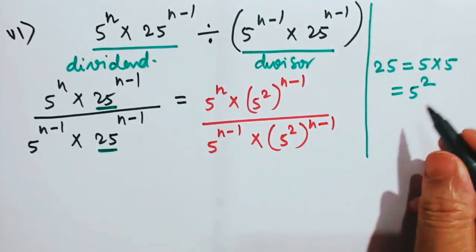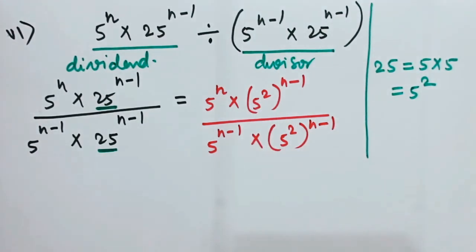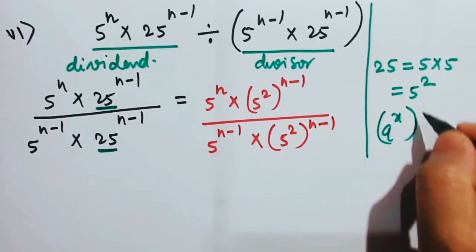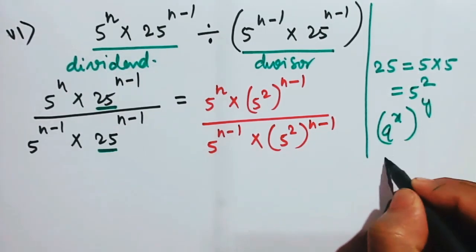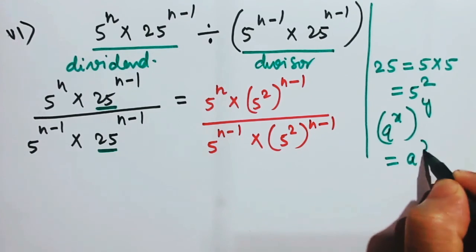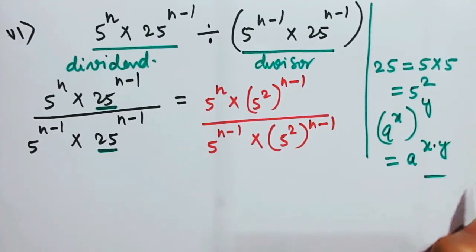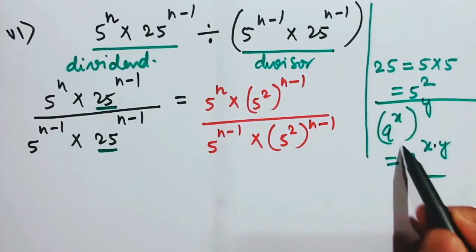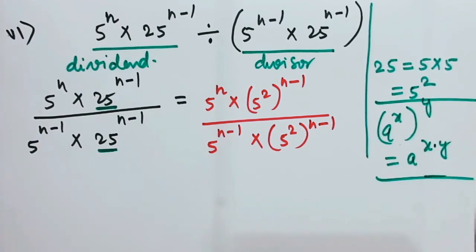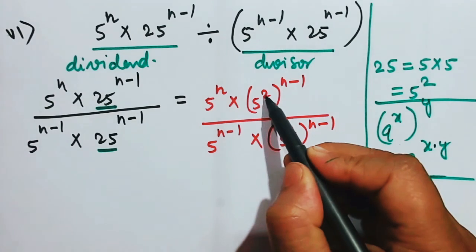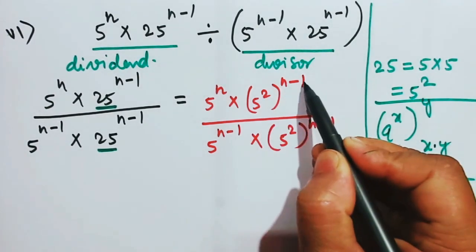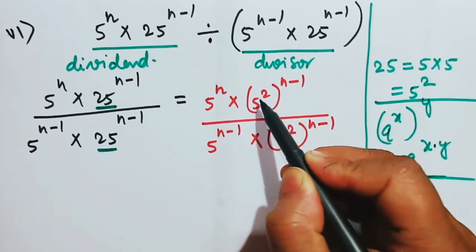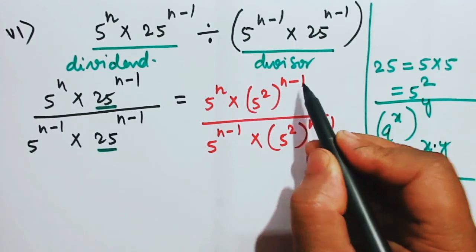You should know by now that a to the power x to the power y will be equal to a to the power x into y, means power over power gets multiplied. Therefore, 2 will get multiplied to n minus 1, the whole n minus 1. Not 2n only, it will get multiplied to n also and minus 1 also.